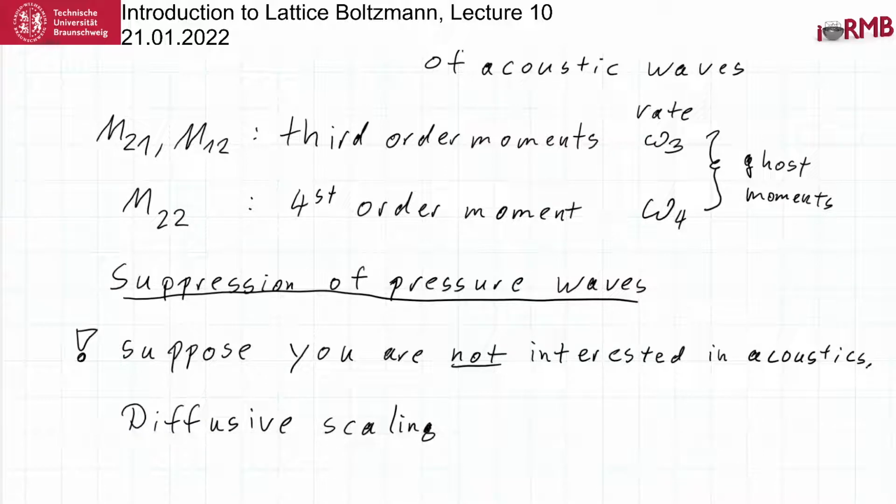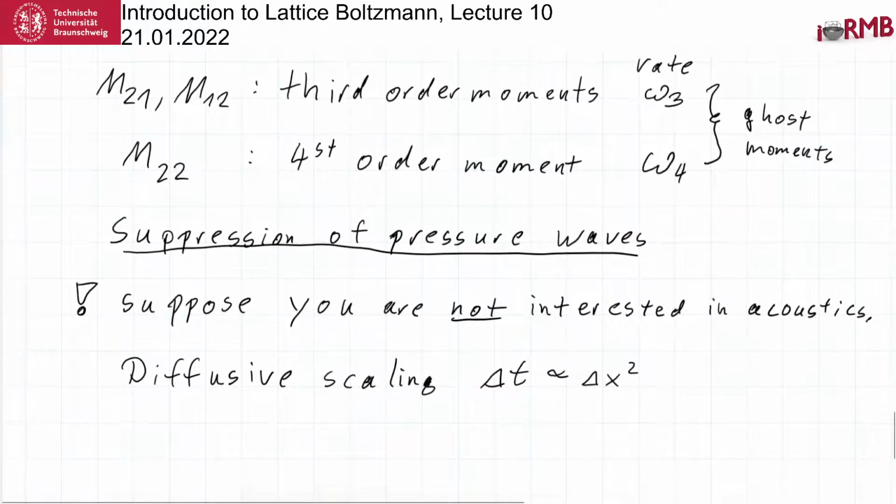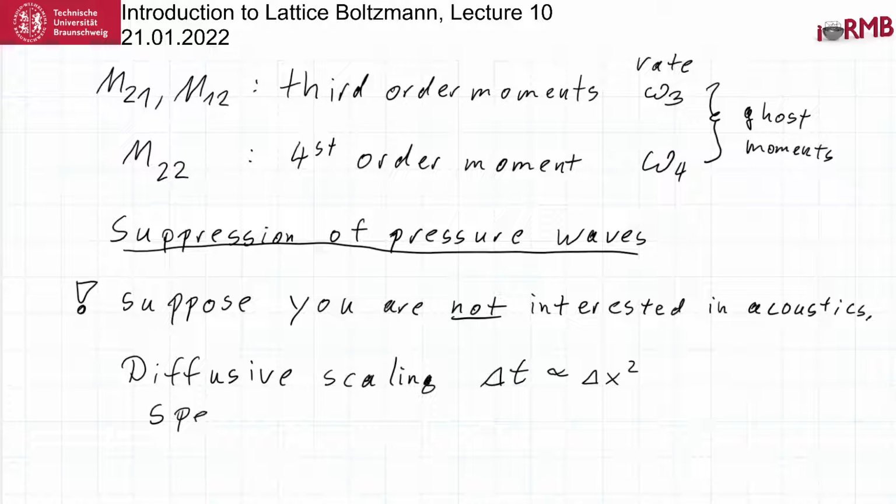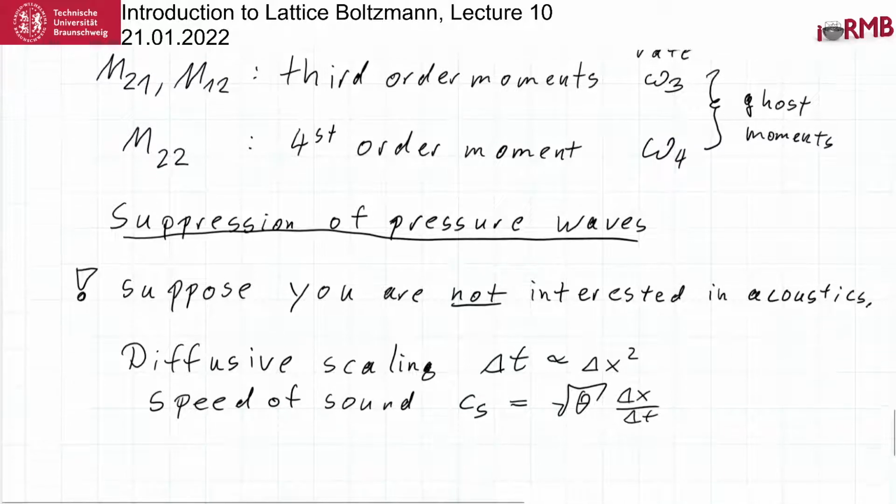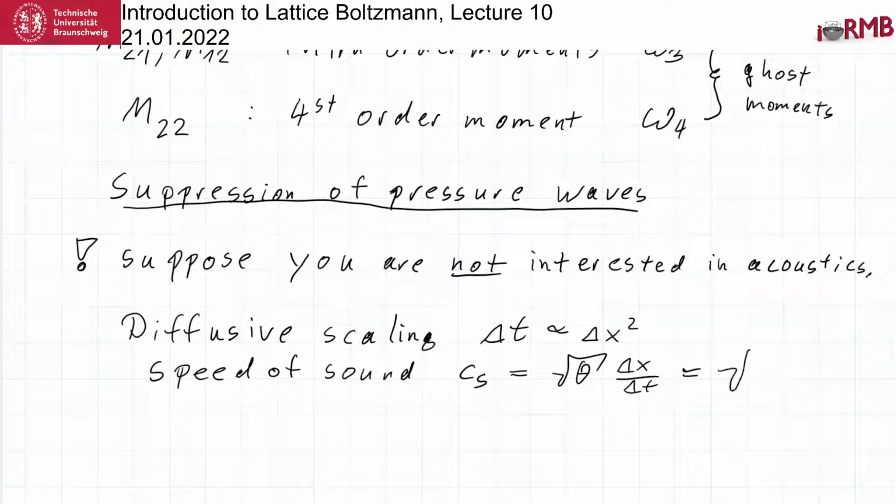As in our asymptotic analysis, and diffusive scaling, of course, means that delta t is proportional to delta x square. And there's a speed of sound, Cs, equal to the square root of theta delta x by delta t, which is of course 1/3 delta x by delta t.